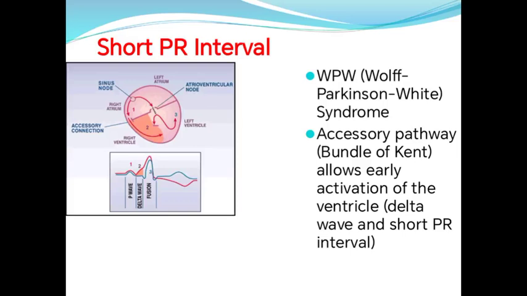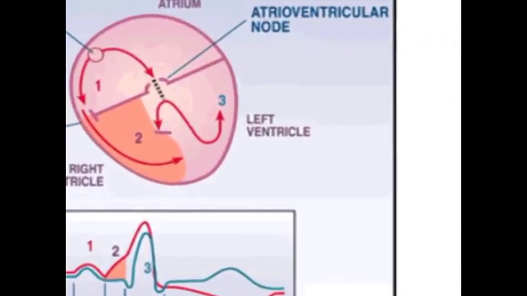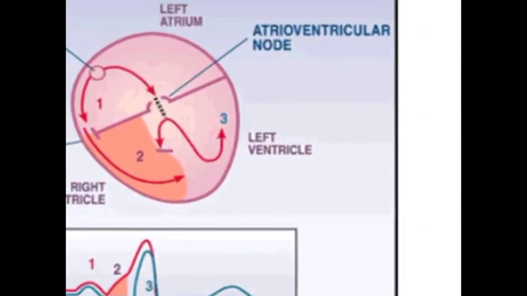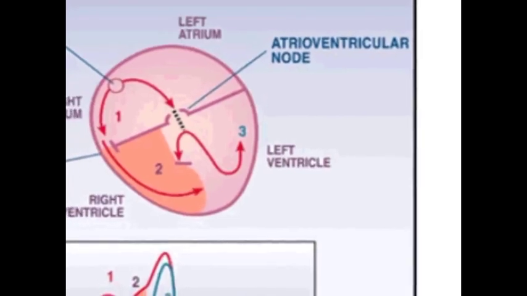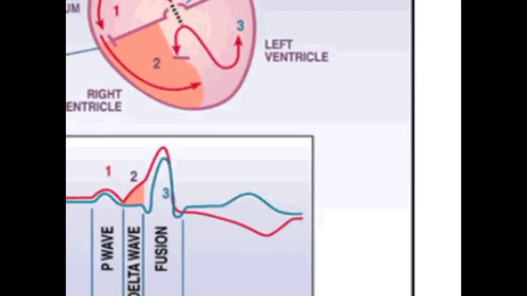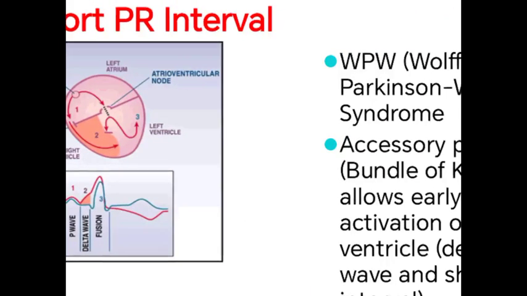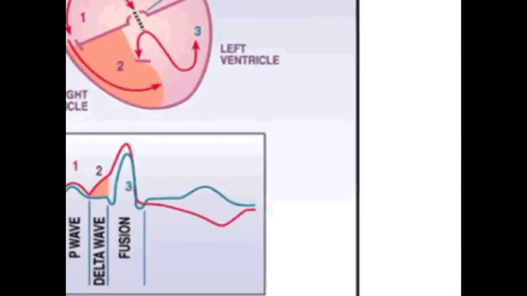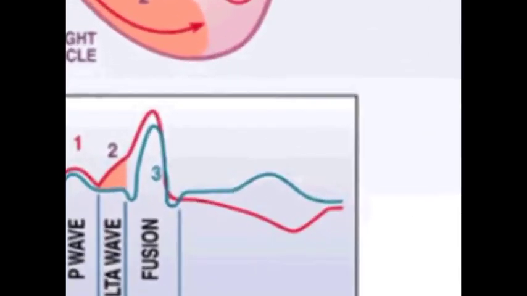That means the electrical current does not come by the usual AV node, so there will be no AV delay, and there will be another short circuit passing electrical activity to the heart, so there will be a very short PR interval.